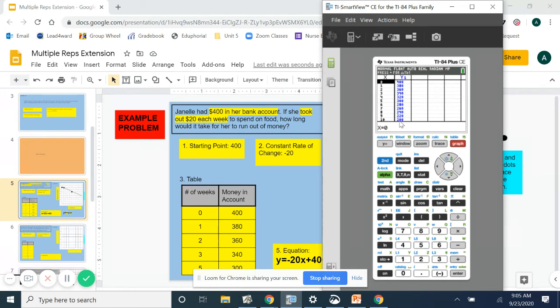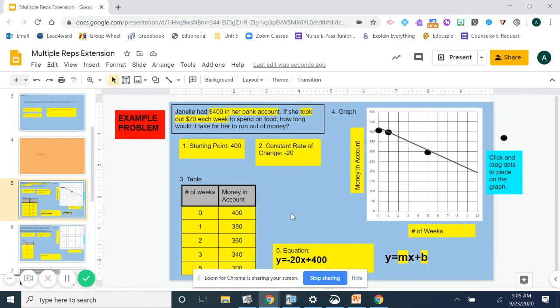So I know that she still has money even at 10. So I'm going to scroll down. And it looks like it's going to take about 20 weeks for her to finally have no money in her account. So I'm just going to put that here off to the side. Add another little text box really quick.